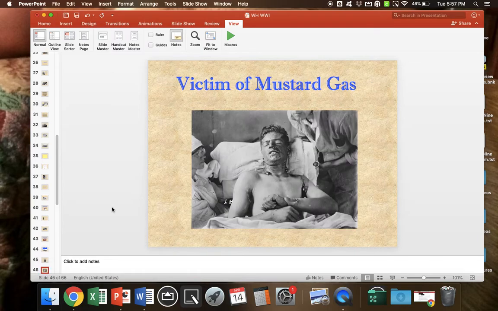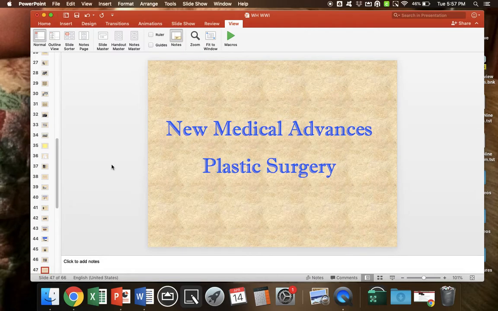And here's a victim of mustard gas, and hopefully you can see all that blistering down here on his hand, in and around his throat. In essence, you just kind of boil on the inside. It is a horrible way to die from this idea of mustard gas.